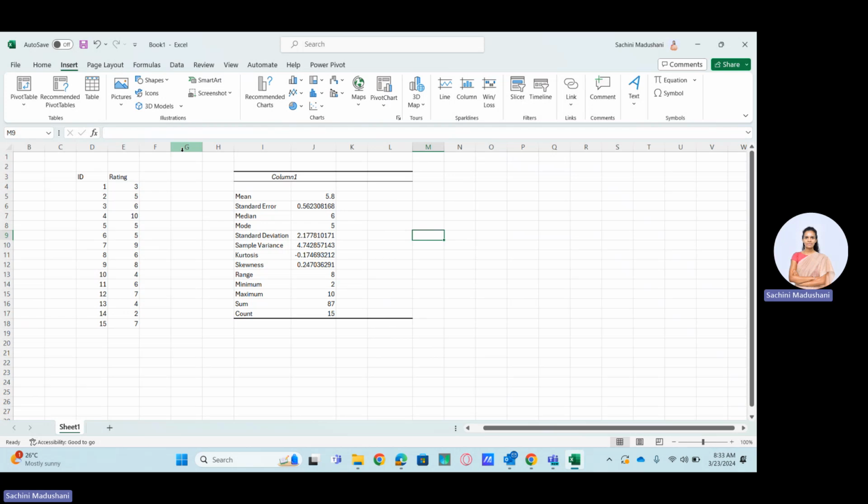Then we identify the type of variable: is it a categorical variable or a quantitative, numerical variable? First identify the type of variable and the level of measurement. Remember levels of measurement? We discussed it in the first lesson.